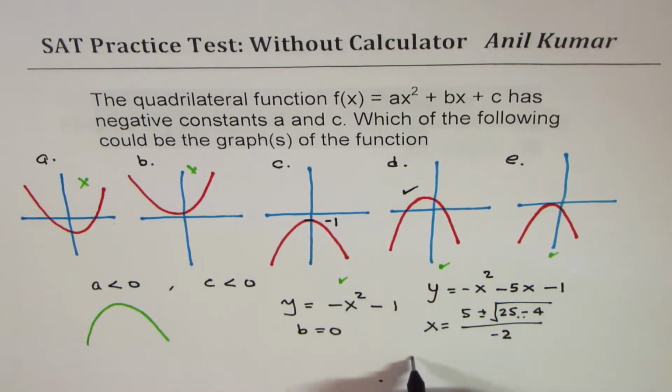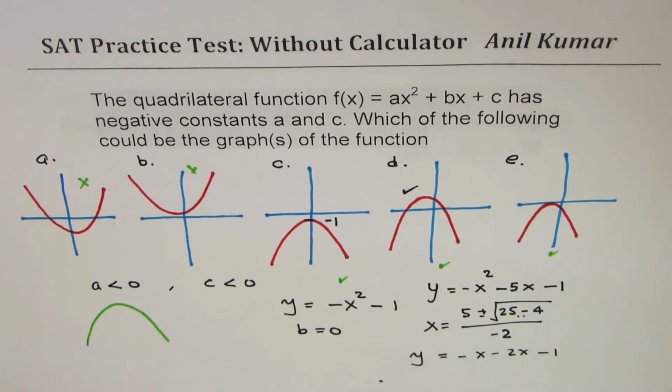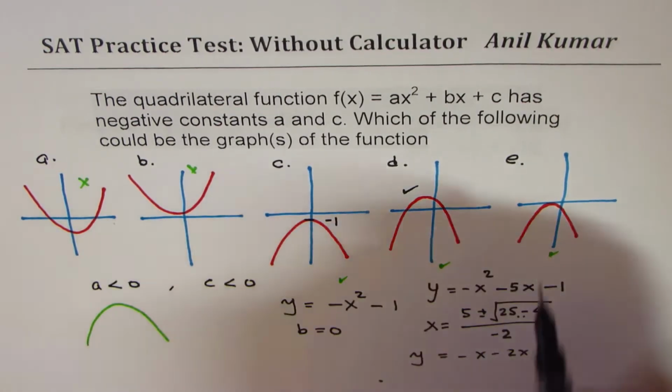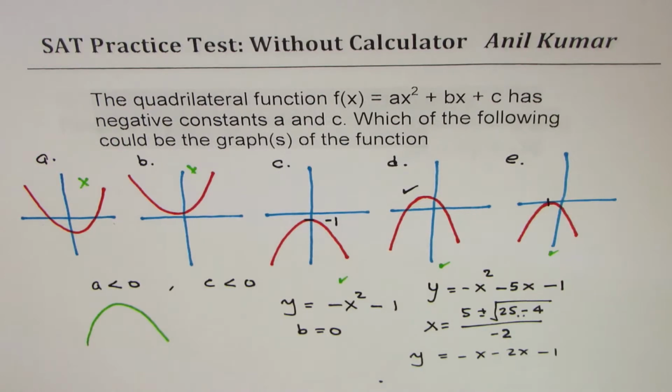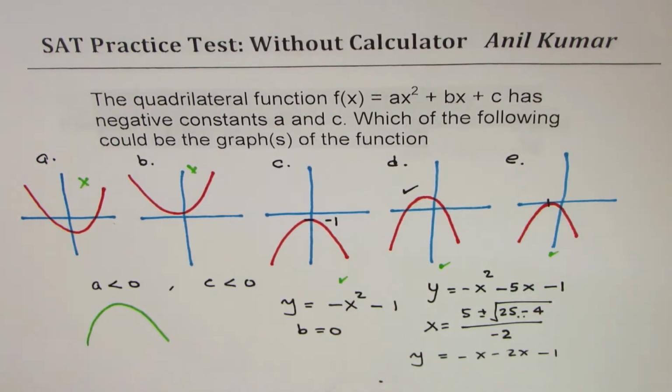Now if I take another equation, which is y equals, let us say, minus x squared minus 2x minus 1. Now here, the situation which is represented by the third graph is possible. Since I could write this as minus 1 times minus 1, right?